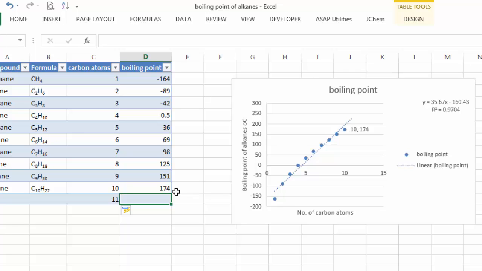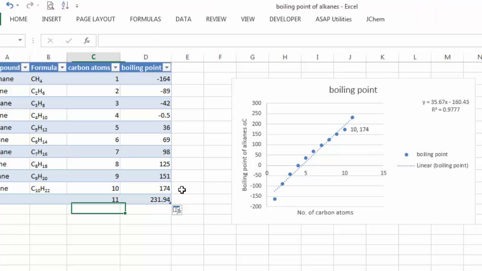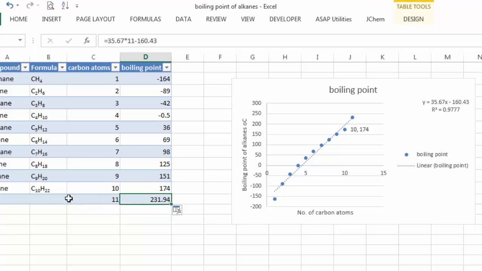So let's write a formula. So equal to, so we've got 35.67 times we've got 11 carbon atoms minus 160.03. There we go. So for 11 carbon atoms, the boiling point is 231 degrees centigrade.